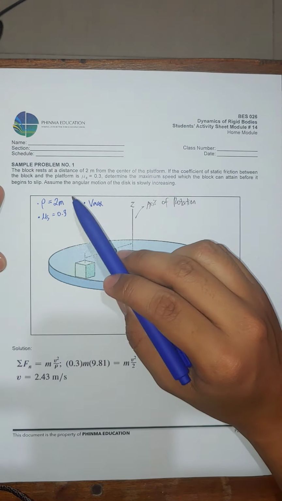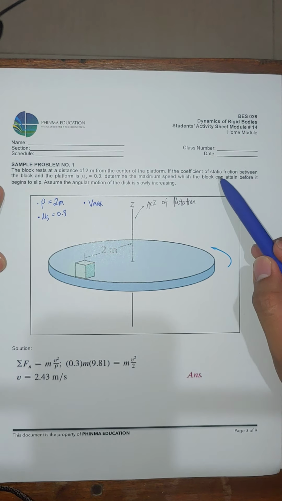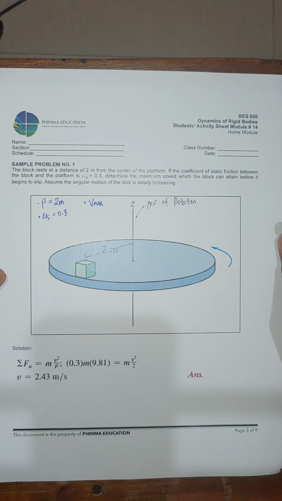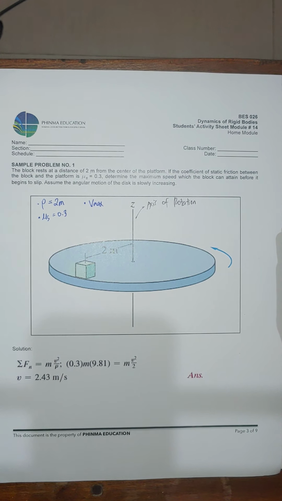So how do we solve this? Again, if you notice, we have the coefficient of static friction, while in our previous examples we had the coefficient of kinetic friction. So what's the difference? Kinetic is the friction that acts upon the object while the object is in motion.